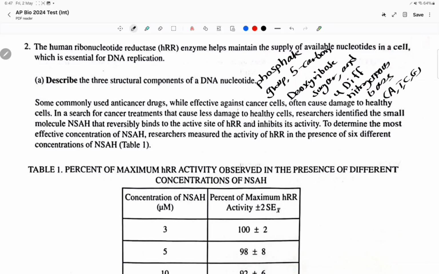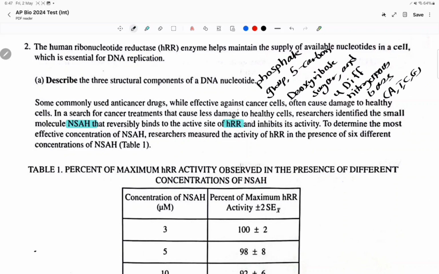Now, some commonly used anti-cancer drugs, while effective against cancer cells, often cause damage to healthy cells. In a search for cancer treatments that cause less damage to healthy cells, researchers identified the small molecule NSAH that can reversibly bind to the active site of HRR and inhibit the activity.